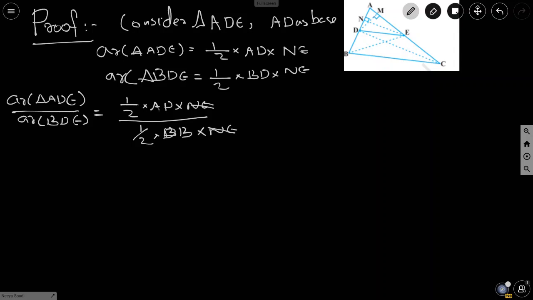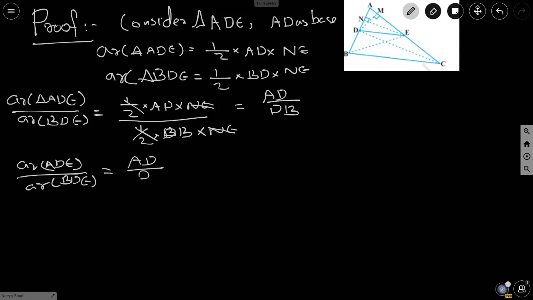So NE cancel, half cancel. We will get AD by DB. So we can write equation number 1. Area of triangle ADE divided by area of BDE is equal to AD by DB, which is equation number 1.